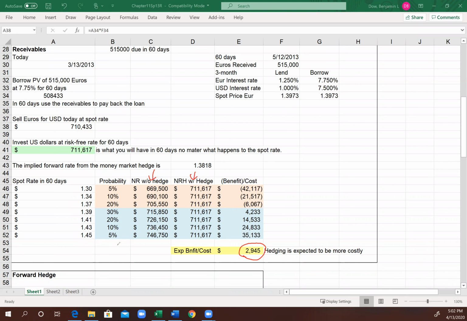We can also then interpret the results by looking at the cumulative probabilities of when hedging is effective versus the cumulative probability when leaving it unhedged would be effective. All right, so that's sort of the methodology that the book has chosen as a way to present this material to other people.